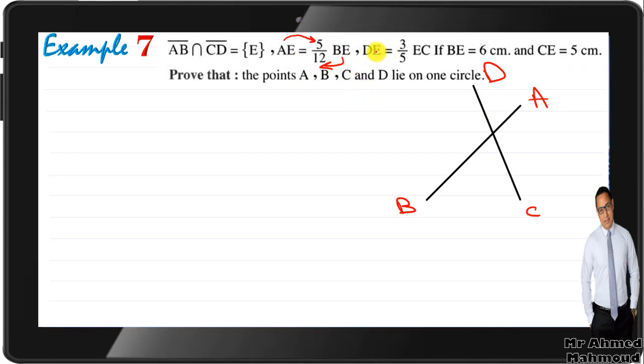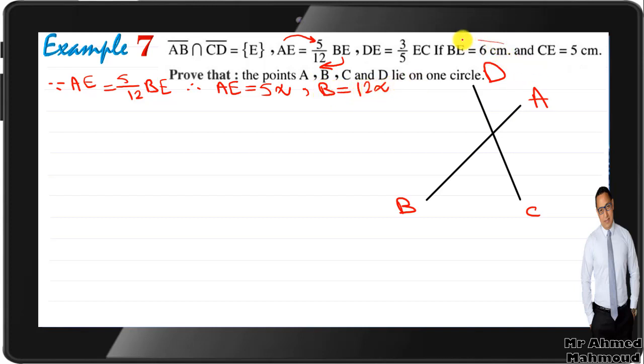Okay, and so since AE equals 5 over 12 BE, therefore AE equals 5x and BE equals 12x.